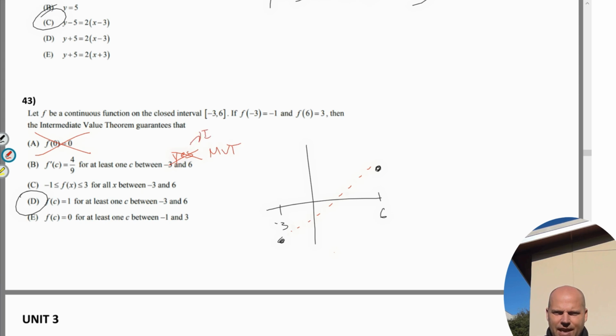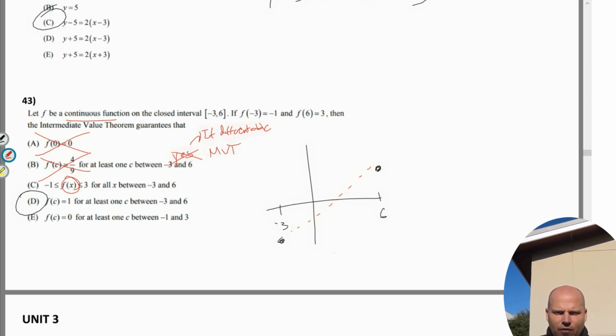This is a yes if the function is differentiable. You are not told that the function is differentiable, which means it's continuous and smooth. You're just told that it's continuous. So this would be a mean value theorem statement, which would be yes if we said it was differentiable, but we did not. Must all the y values be between -1 and 3?